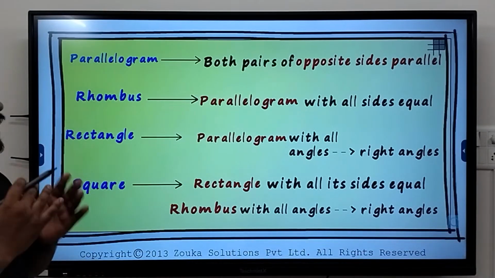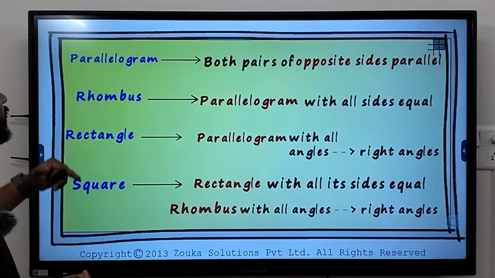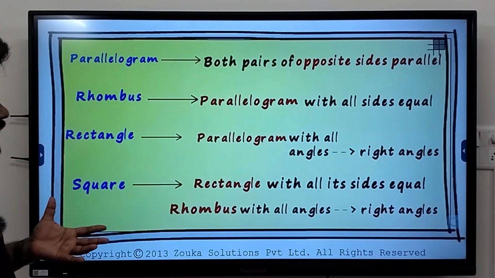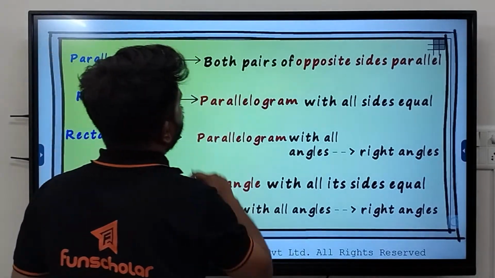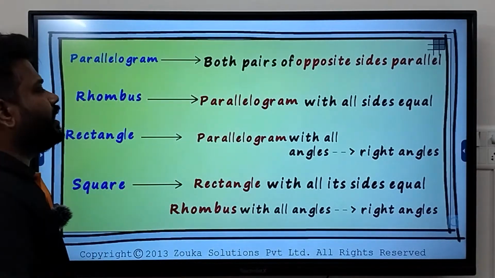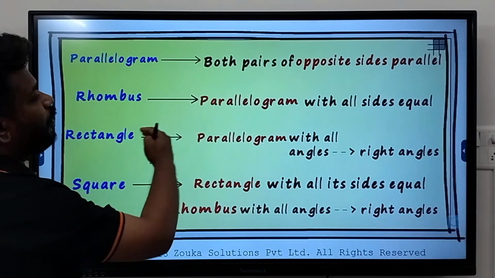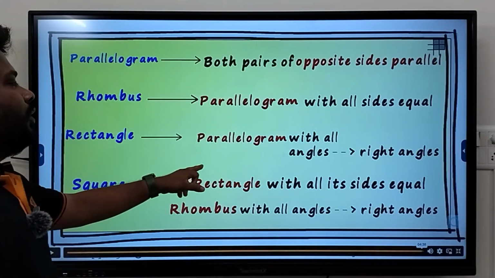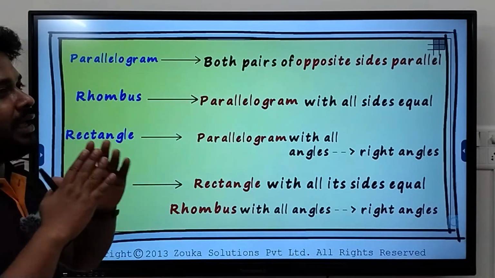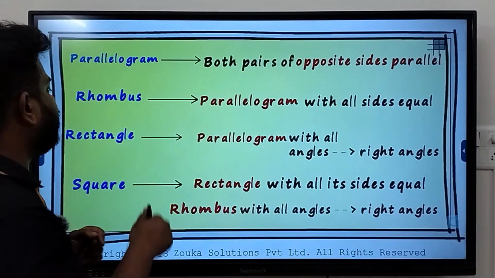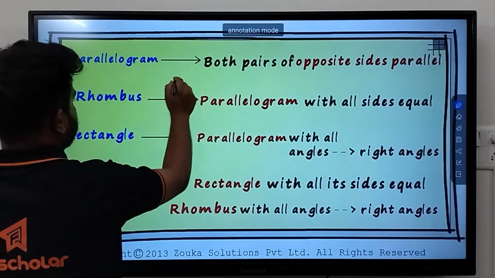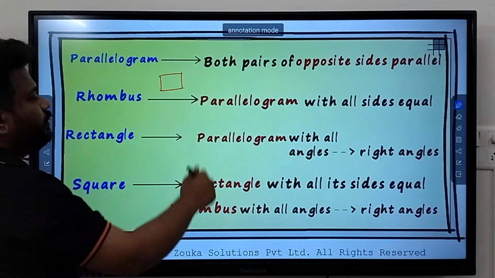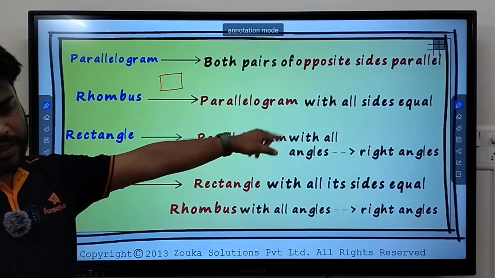So already I was telling that the rectangle and square can also be termed as a parallelogram, and a parallelogram is also a quadrilateral. For a parallelogram, both pairs of opposite sides are parallel, and when all sides are equal, that will be called a rhombus. When each pair of opposite sides is equal, like this pair is equal to this pair and this pair is equal to this pair, then that will be called a rectangle.